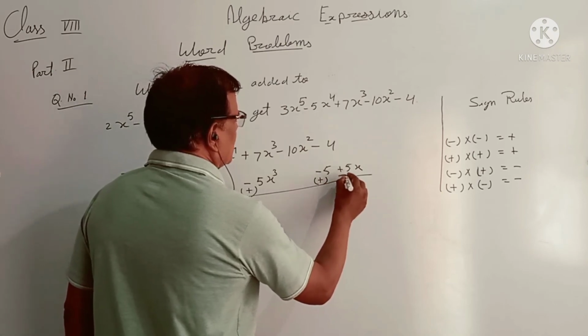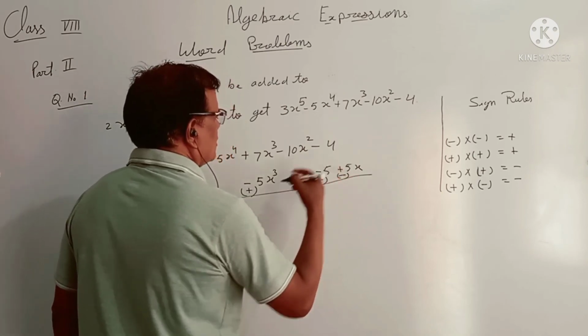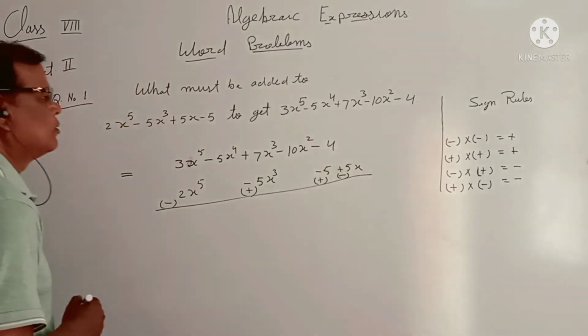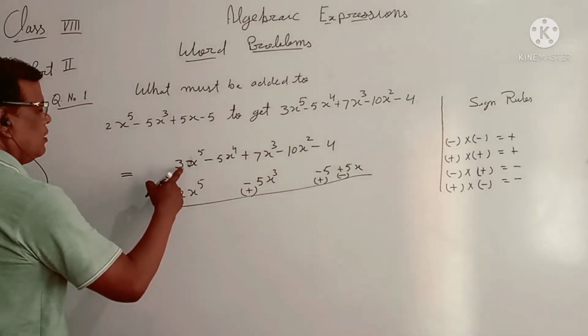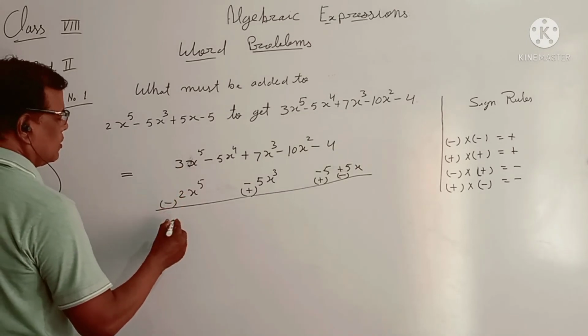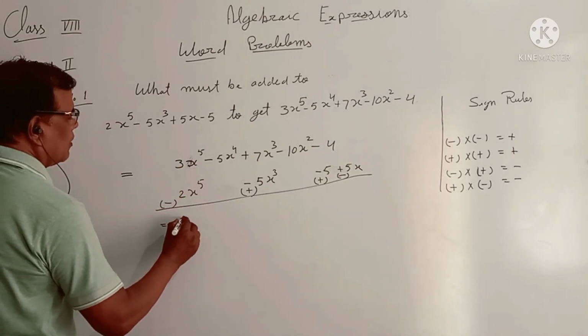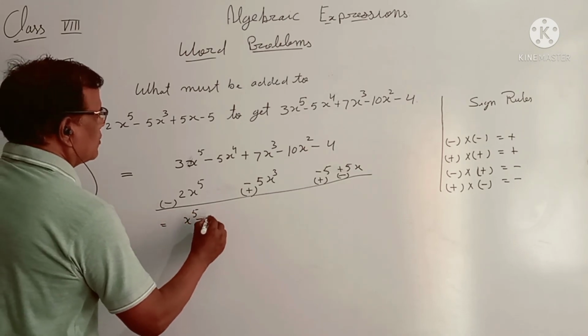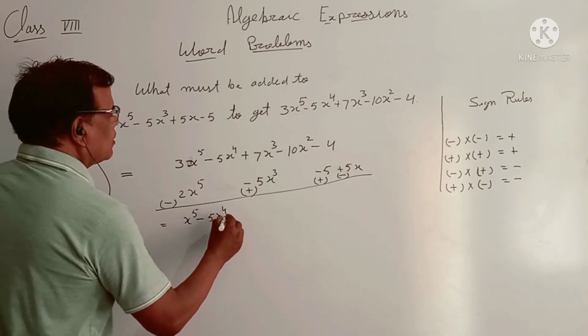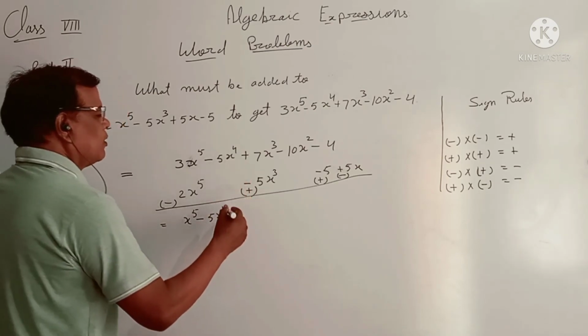Then minus 5x because it is positive. So we write the terms as 3 minus 2. Now it will be only x to the power 5. Here minus 5x to the power 4.